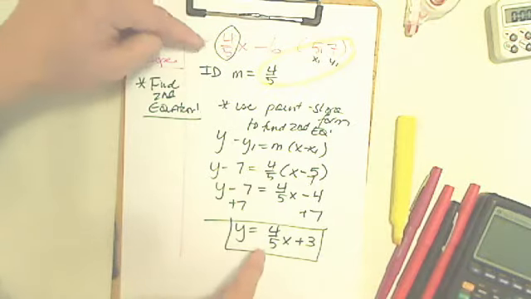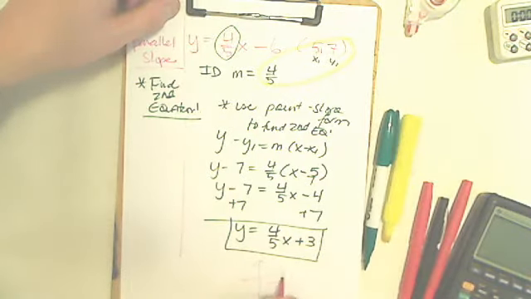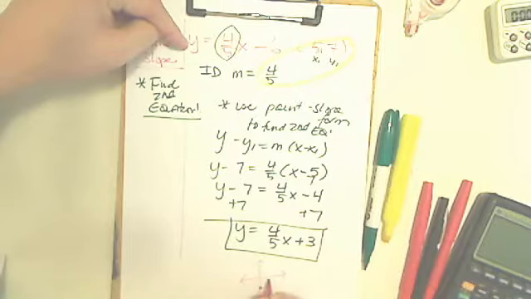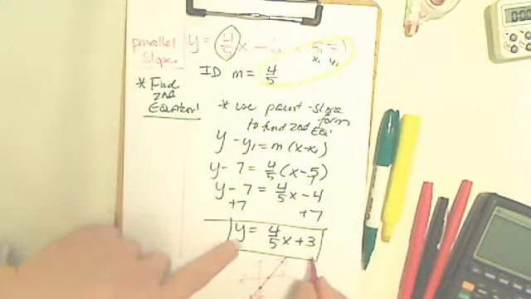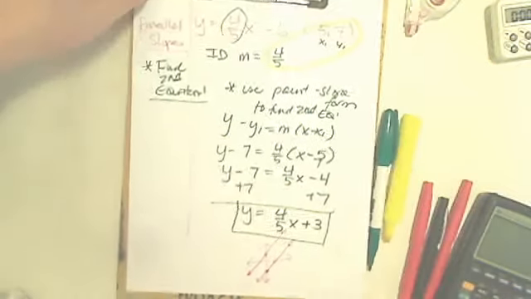So even if you do a quick sketch of the graph here, using the original equation, 0, negative 6, up 4 and over 5, up 4 and over 5. There's your first equation, and here's your second equation. All that has done is just shifted down 3. The lines will never cross.